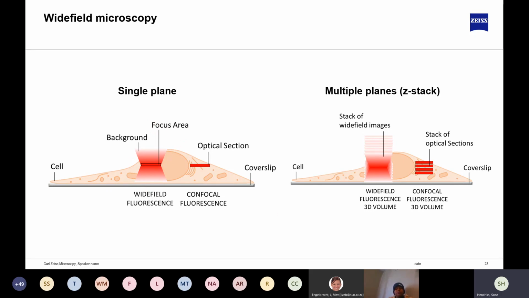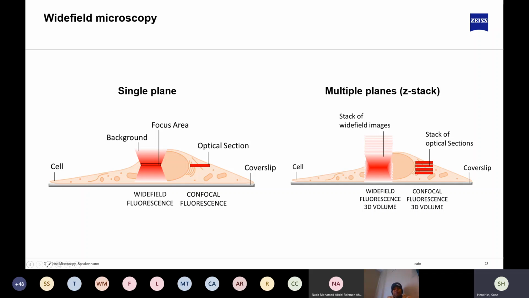If you work with a confocal microscope, then you can avoid a lot of the background signal and therefore generate much better image contrast. Okay, and then, as I've mentioned, we can do different Z stacks throughout different focal planes. If you use a Widefield microscope, then there is no optical sectioning. If you use a confocal microscope, then we block out a lot of the out of focus fluorescence.